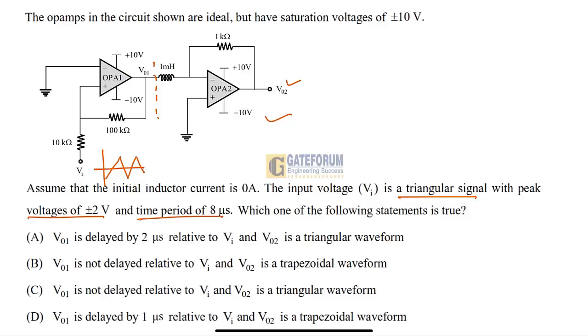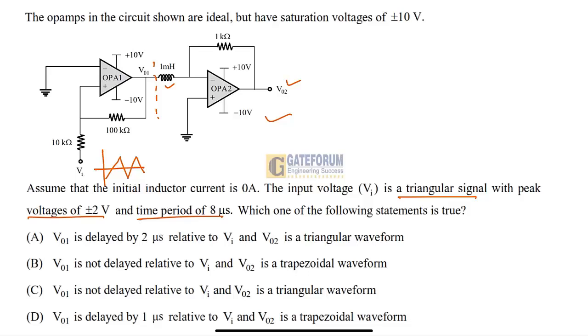If you observe, a capacitor is connected at this place, so the second portion of the circuit is an integrator circuit. Whatever input is given to this terminal will produce its output, and that output waveform we also have to find as the second portion of this question.